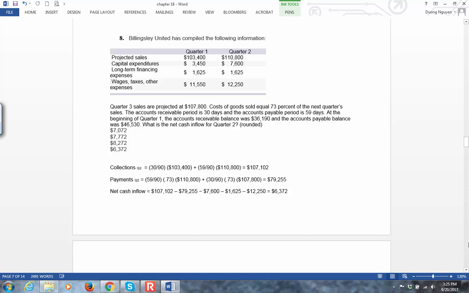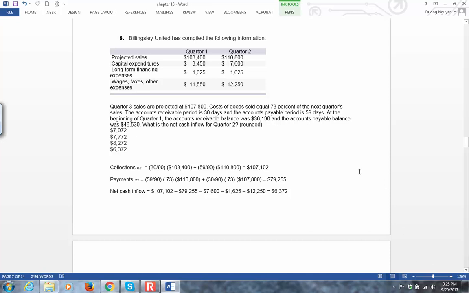Quarter 3 sales is 107,800. Cost of goods sold is 73% of the next quarter sales. Account receivable period is 30 days. Account payable period is 59 days.